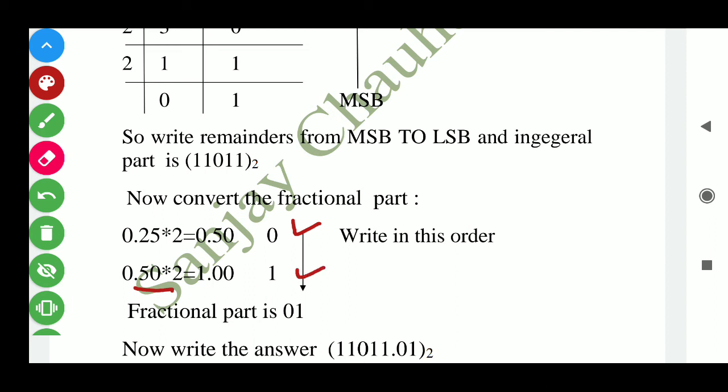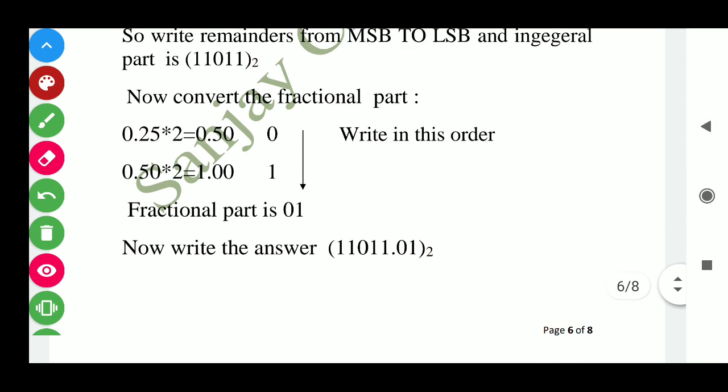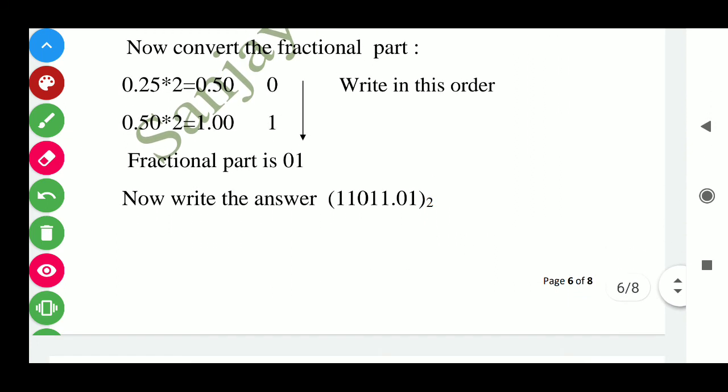So write from top to bottom this way: 0, 1. Now write the answer: 11011 is the integral part, and 0.01 is your fractional part. So in this way you can convert a fractional decimal number into a binary number.